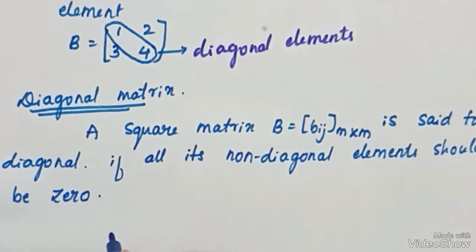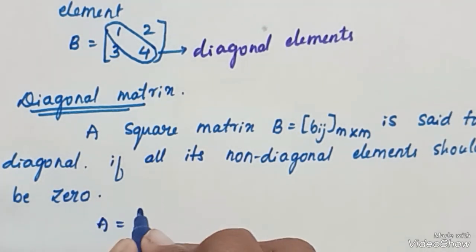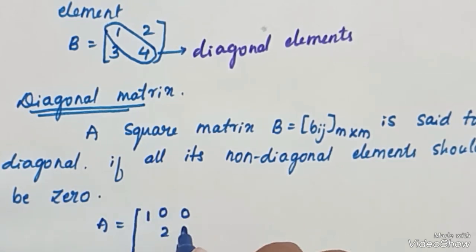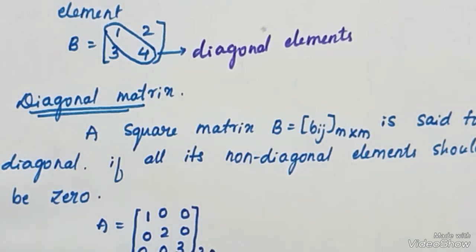For example, a matrix with elements 1, 2, 3, 0, 0, 0, 0, 0, 0 is a 3 cross 3 matrix. The number of elements is 9.